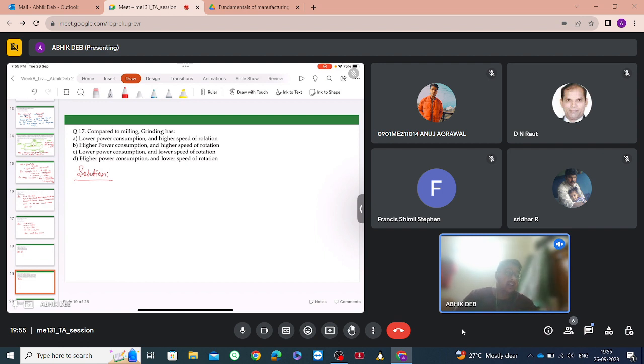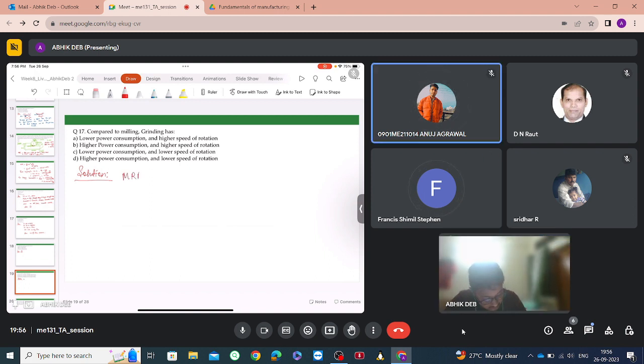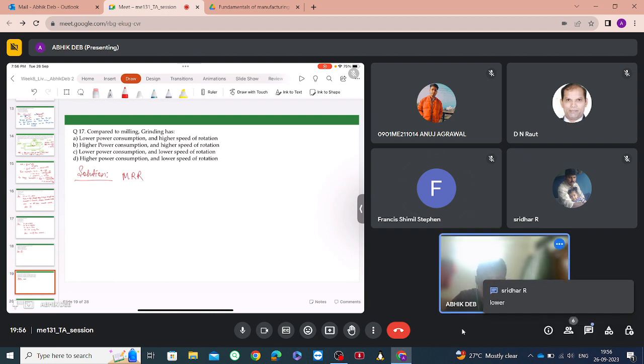But grinding has a general speed of around 5000, 6000 revolutions per minute. In the previous problem that we solved, it was 6000 revolutions per minute. So grinding has a much higher speed of rotation as compared to the milling operation. Okay. And power consumption. Is the material removal higher or lower in grinding? Sir, lower.